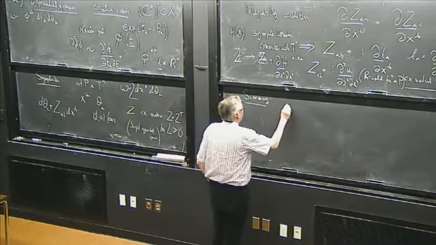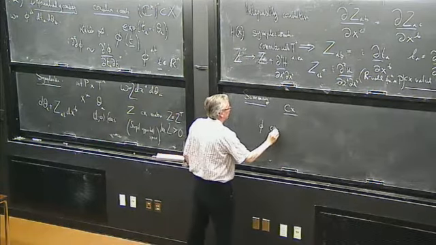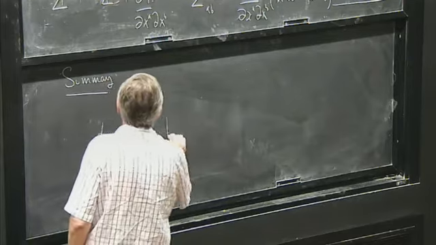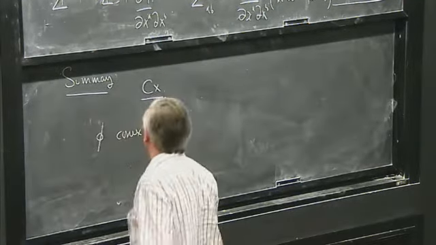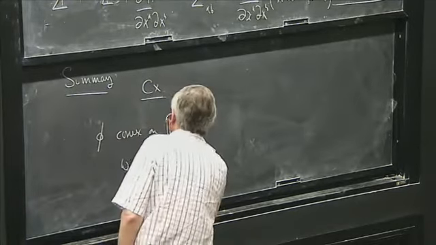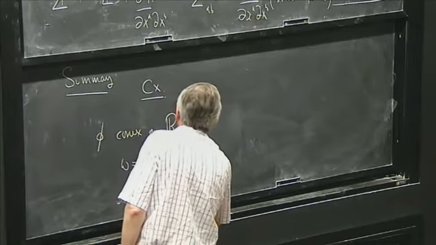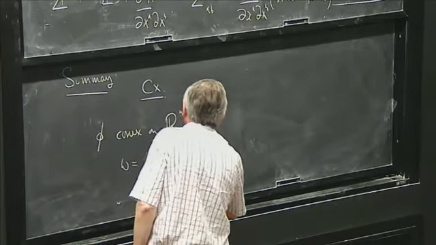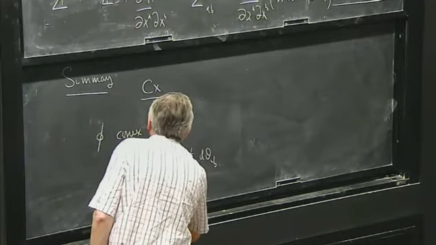Complex: considering phi convex on R^n, we wrote down the formula for omega. Omega is the sum of phi_ab dt_a d theta_b. And I is standard. And the complex structure is standard.